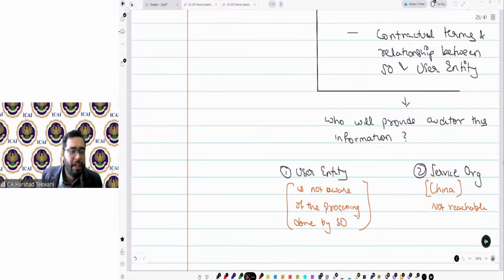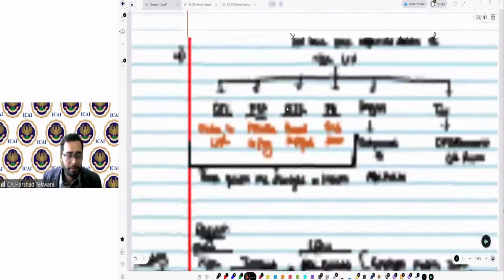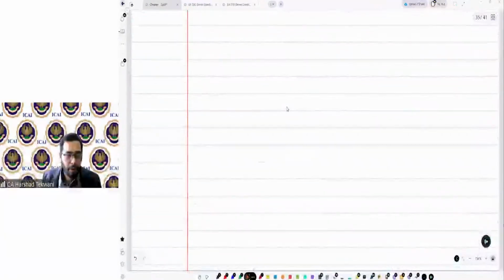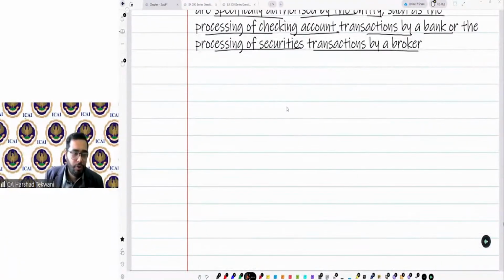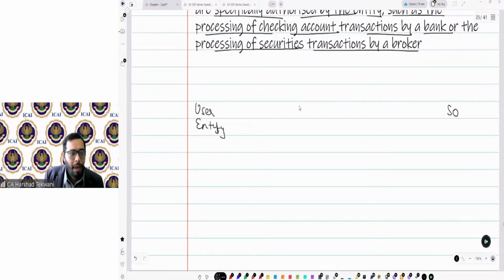If I explain again with an example in the flow of transaction, I'll give you two types of scenarios: the ideal scenario, or the current scenario that we are discussing. So let's say we have a user entity and a service organization. In the ideal scenario, the user entity generates the data, so data is generated within the user entity.